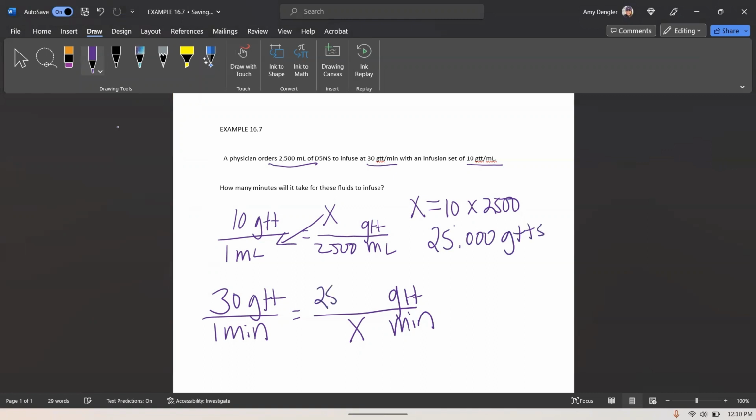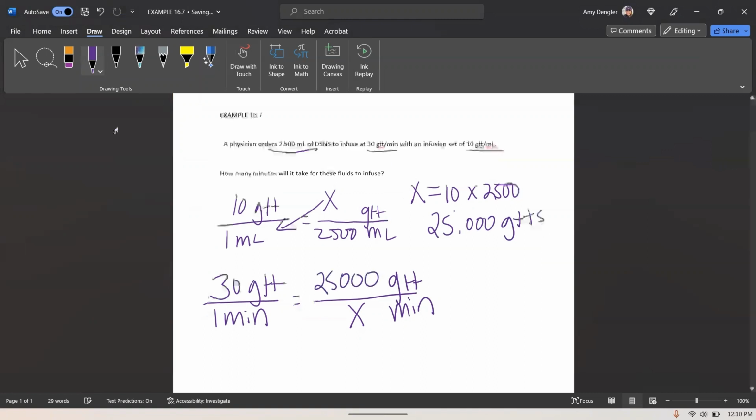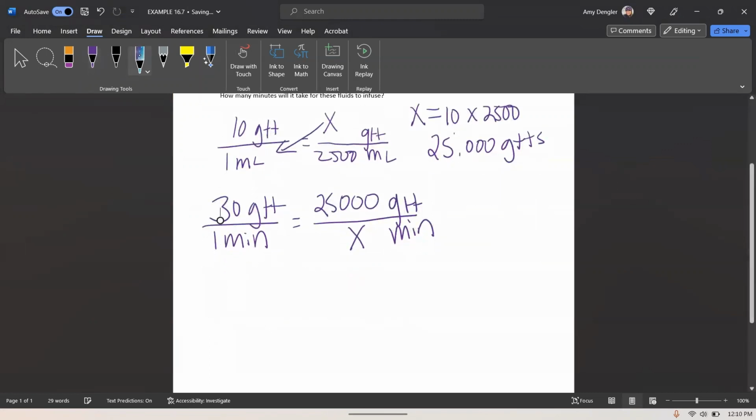Then I'm going to plug that in down here and do my math. So 30x is equal to 25,000 times 1, which we know is just 25,000.